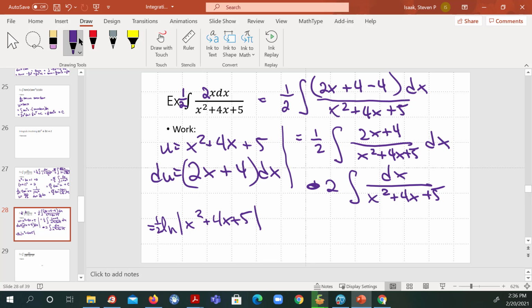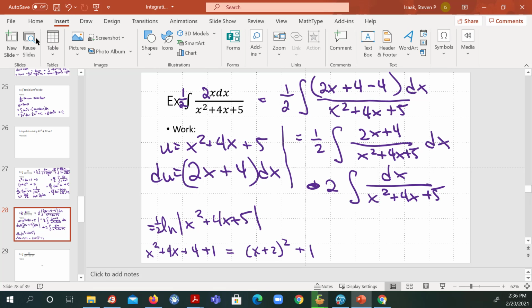Over here, we're not quite ready to go. So what we need to do is complete the square. So if my memory is correct, x squared plus 4x plus 4 plus 1. So there's your 5. That's the same as x plus 2 quantity squared plus 1. So that's an arctangent.